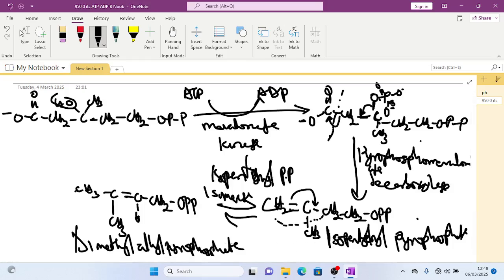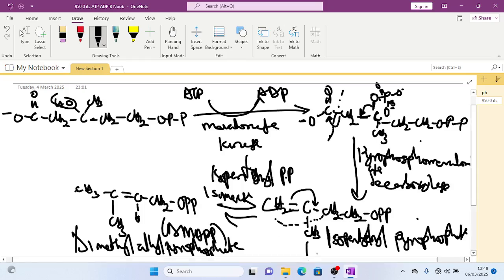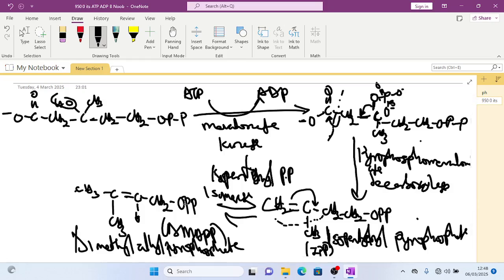So this is DMAPP and this is IPP. Both DMAPP and IPP are isoprenoids. So I'll continue from here tomorrow.